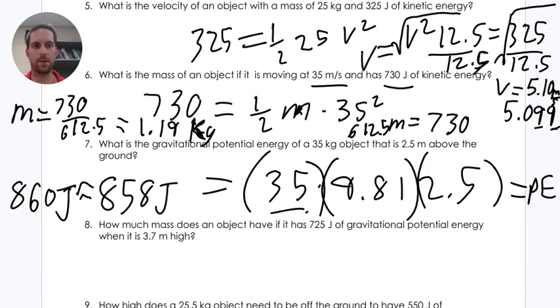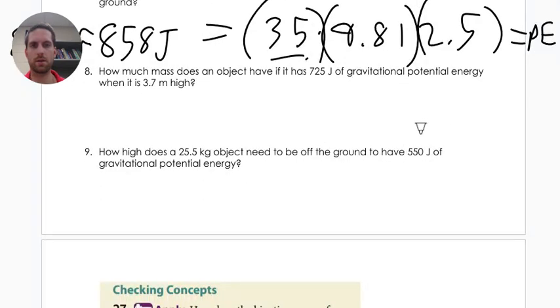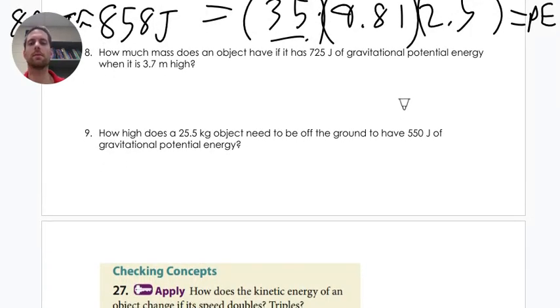All right. So if we want to know the mass an object has, if it has this much potential energy, it's that high, we just plug in our equation, 725.